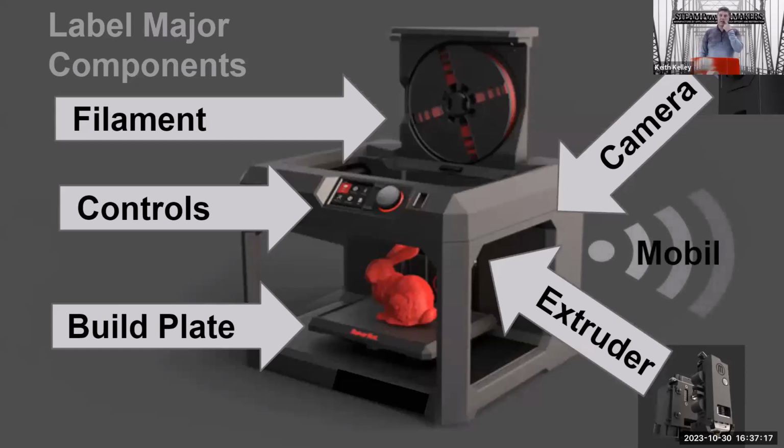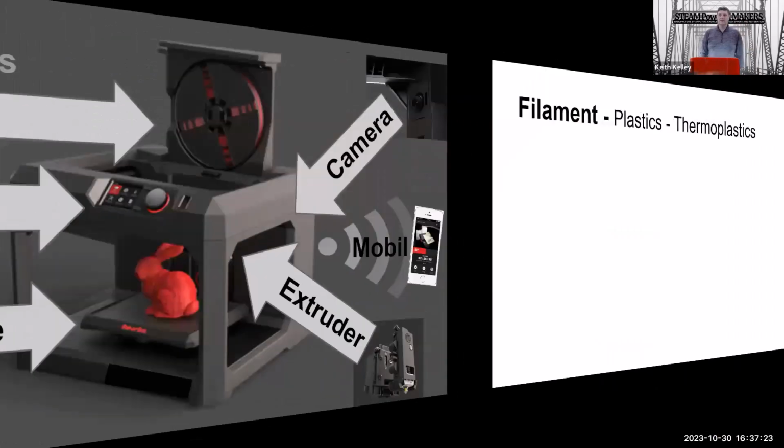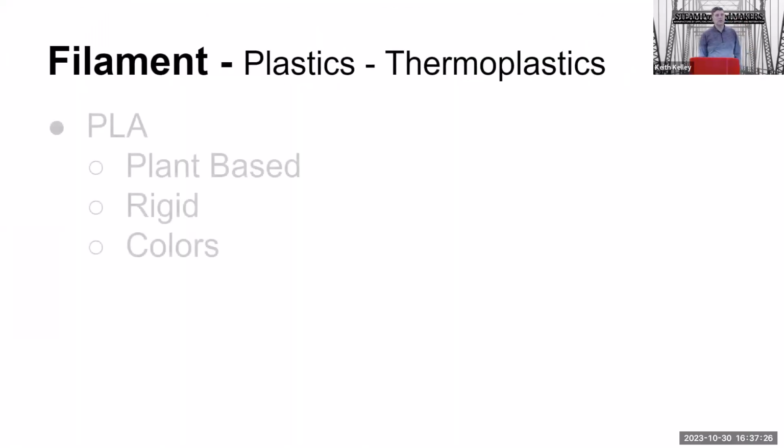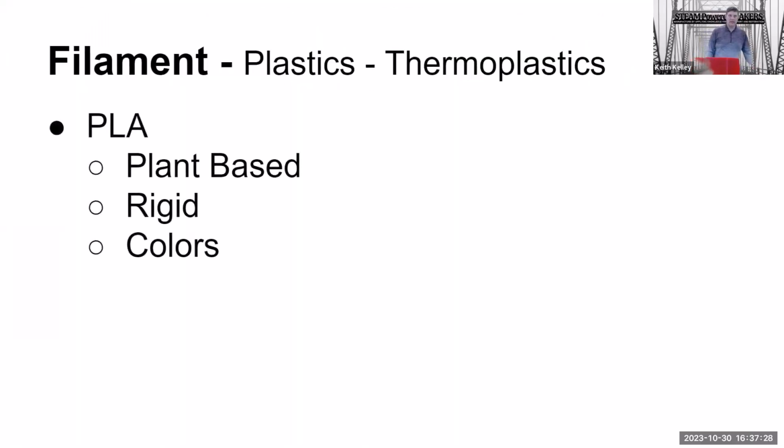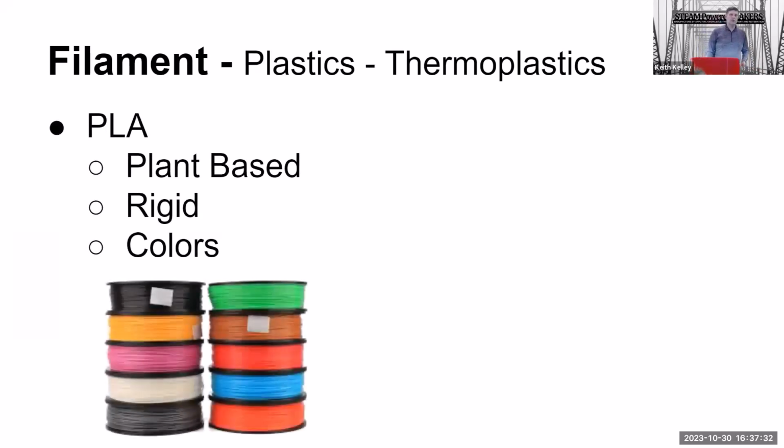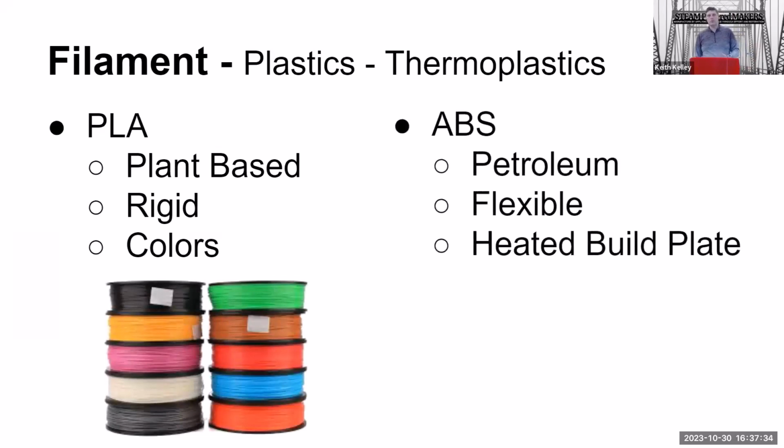And then we talk about how to get print jobs there. They might be mobile. We might grab a file, passing it different ways. I talk to them tons about filament: PLA, plant-based, basically corn sugar, versus ABS, which is more petroleum, flexible, heated. And we do get into talking about nylon and titanium print, powdered printing, other styles of printing.